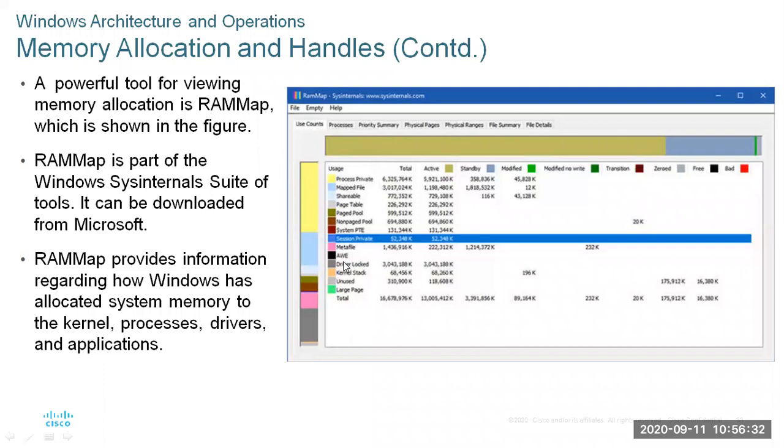All right. So, RAMMap is a part of the Windows Sysinternals suite of tools. It can be downloaded from Microsoft. RAMMap provides information regarding how Windows has allocated system memory, kernel, and memory. So let me see.